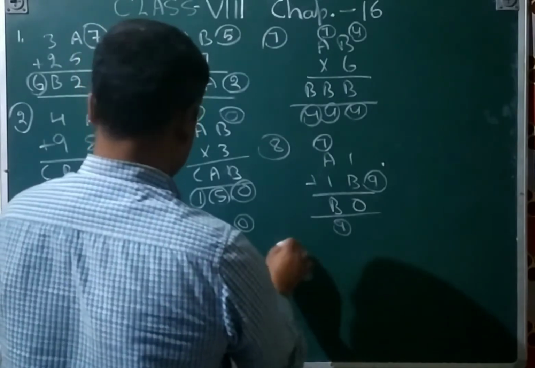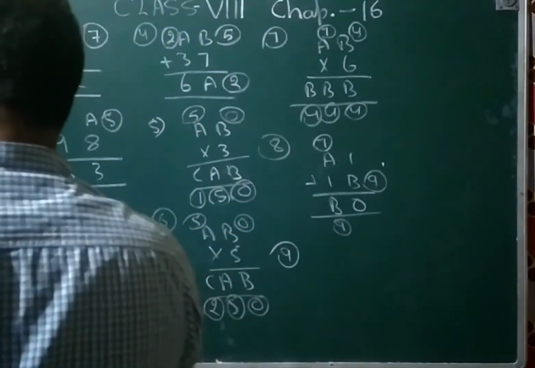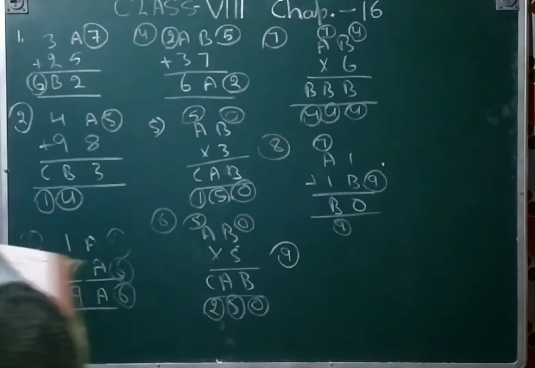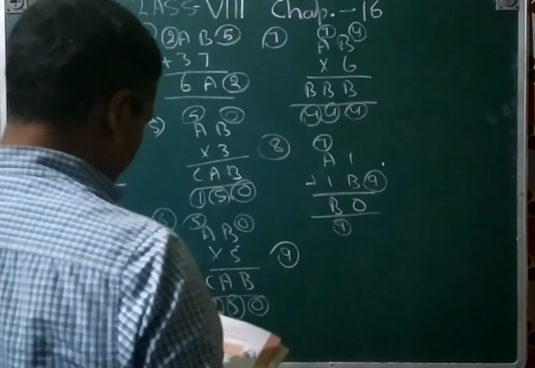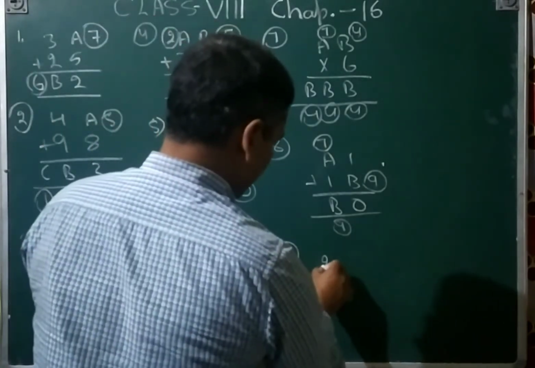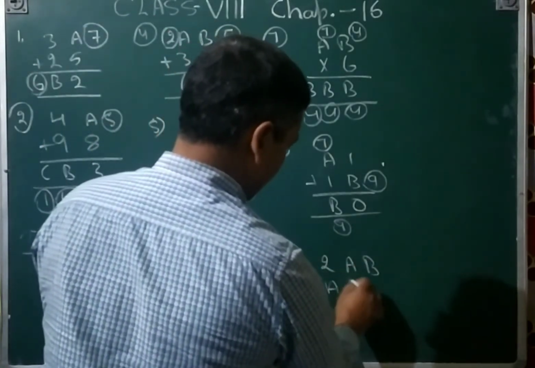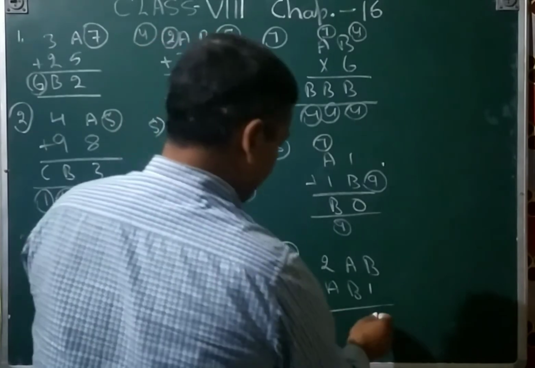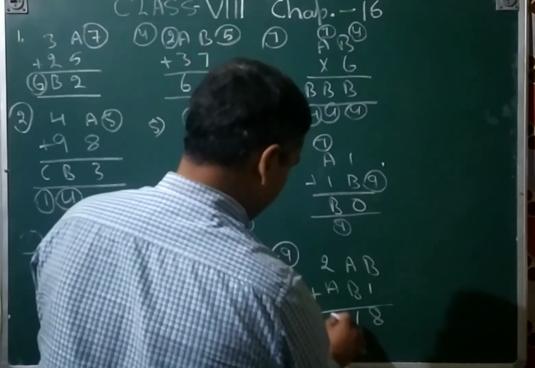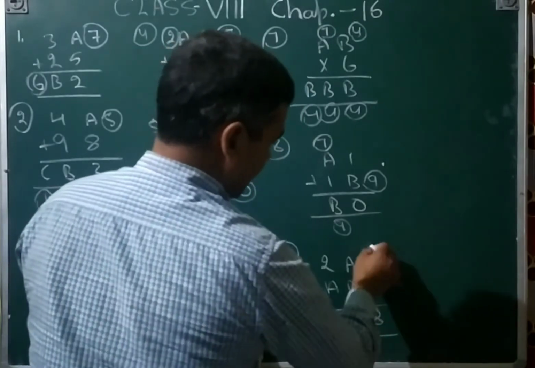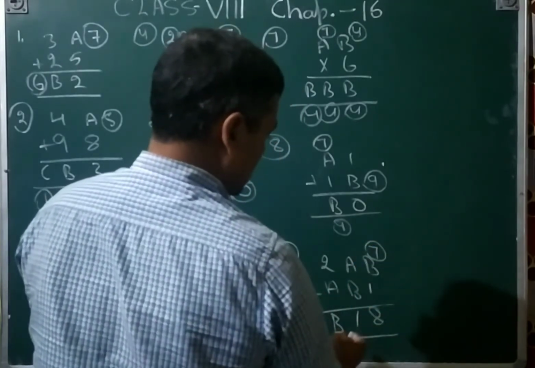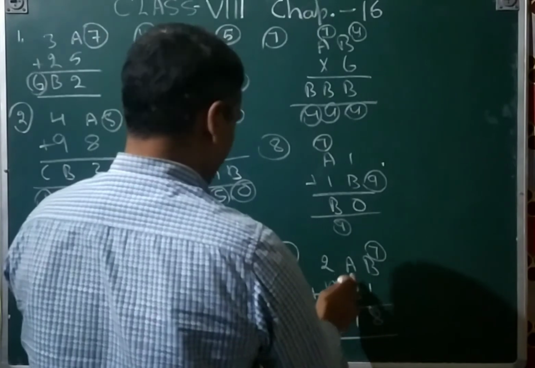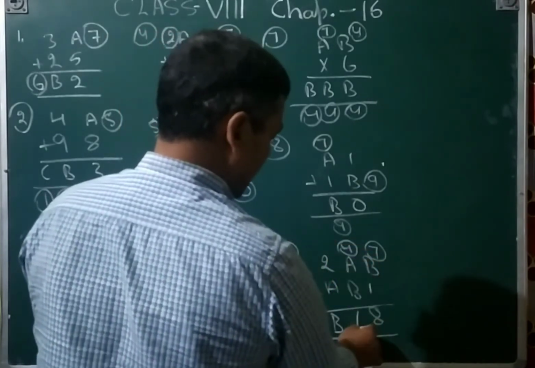Ninth question: 2AB AB1 plus 8 1B. So obviously that will be 7 plus 1, 8, and then this will also be 7. 4 plus 1 is 11, that will be 4, carry 1.